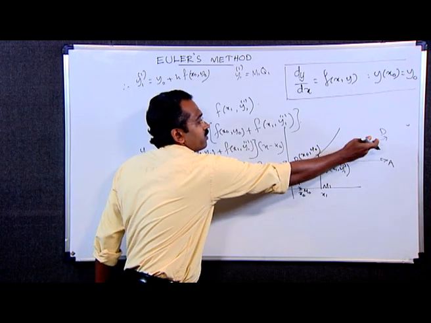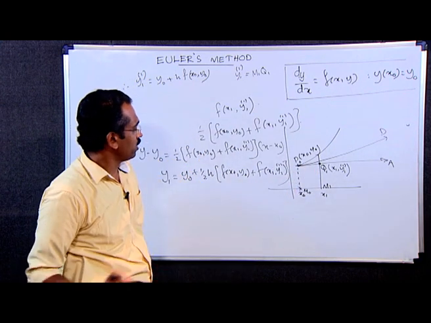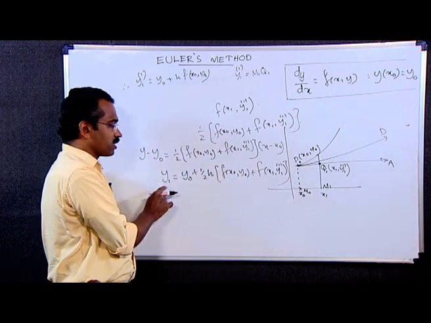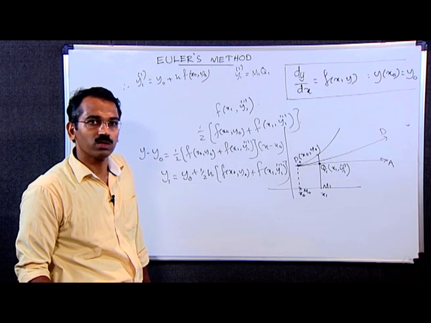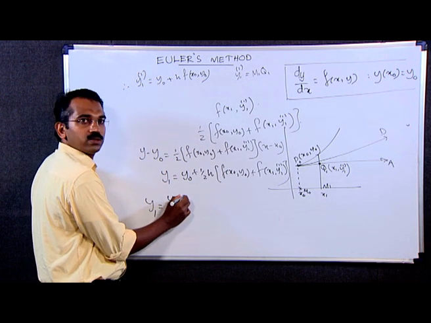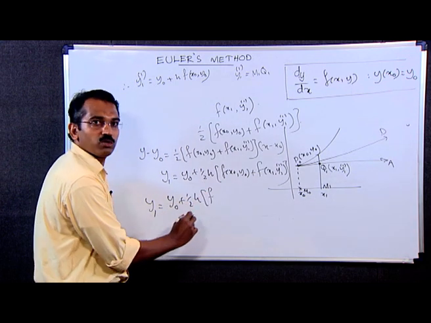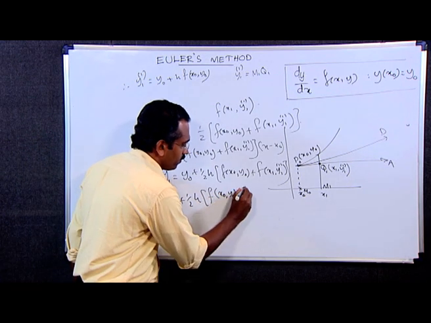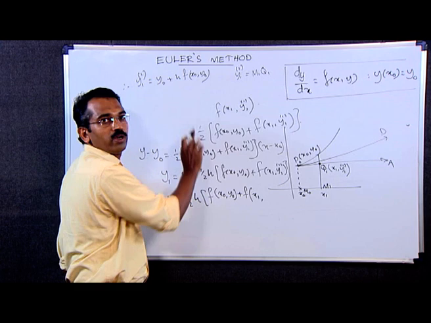This line, whose slope is the average of slopes at p naught and q1, will intersect the line x equal to x1 at y1 equal to y naught plus 1/2 into h into f(x naught, y naught) plus f(x1, y1^(1)), where y1^(1) is y naught plus h into f(x naught, y naught).